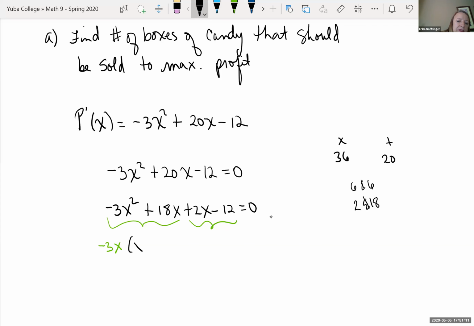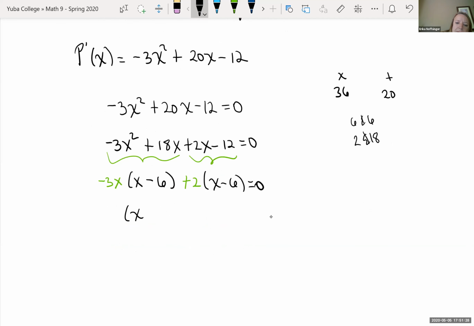That would leave me with a positive x minus 6. And then I can pull a positive 2 out of the last two terms, which leaves me x minus 6. The whole point of doing that was so what was in the parentheses is the same. Pull out x minus 6, you're left with -3x plus 2 is equal to 0.